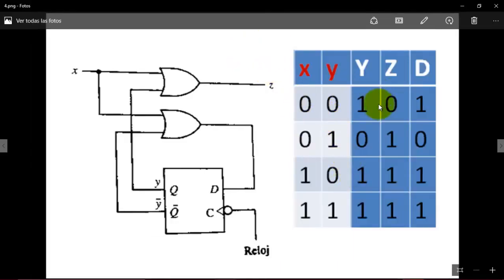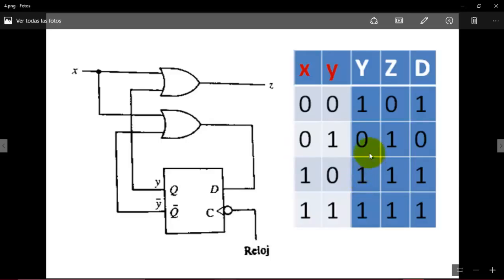Here we have our inputs and our states. Y is a state, and the capital Y is our current state. Z is our output, and D is our delay flip-flop.